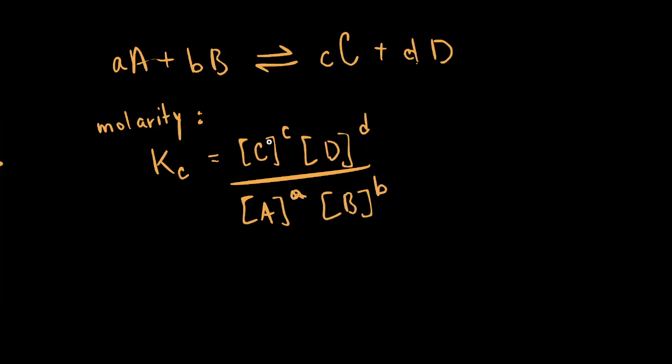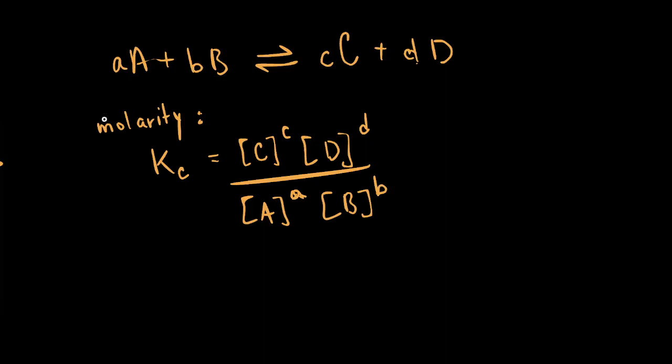Nothing too complicated here. This is what the general formula is going to be. In place of these letters in square brackets, we would effectively be inserting the respective concentrations of these products and reactants once we're at our state of equilibrium.